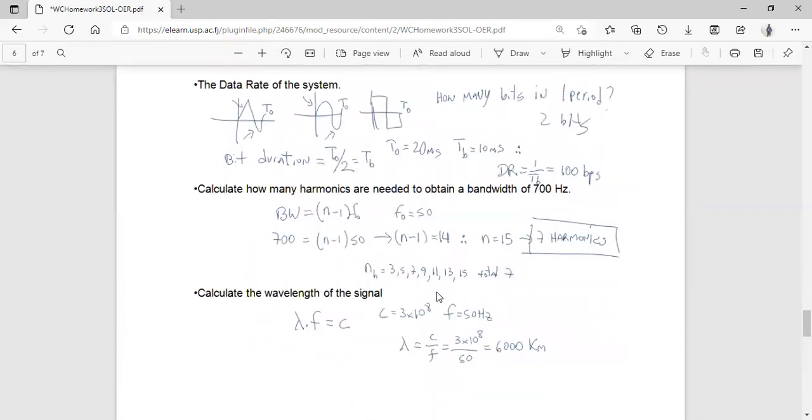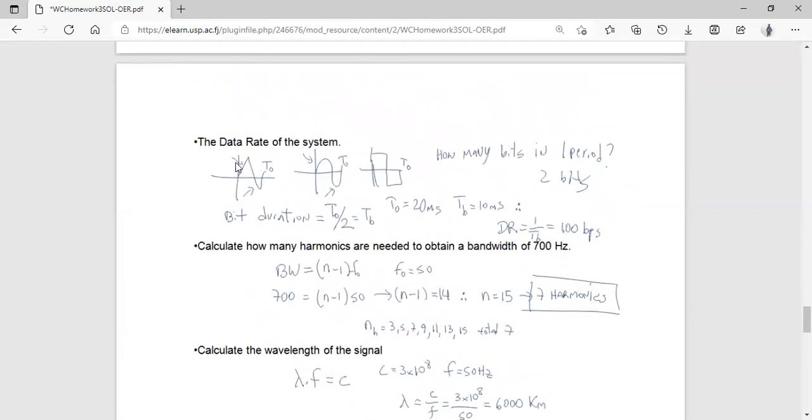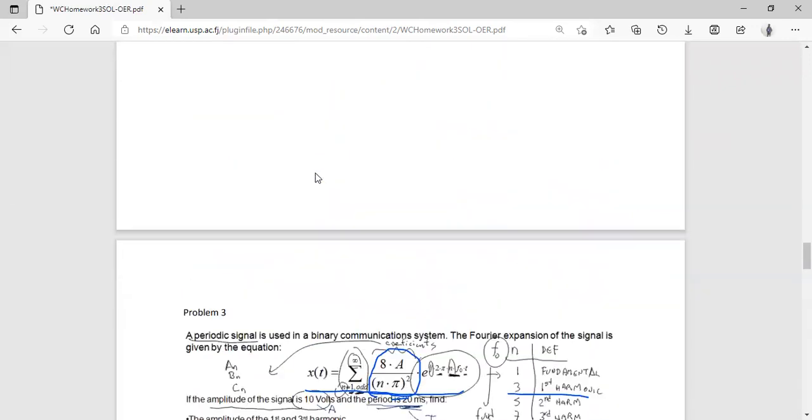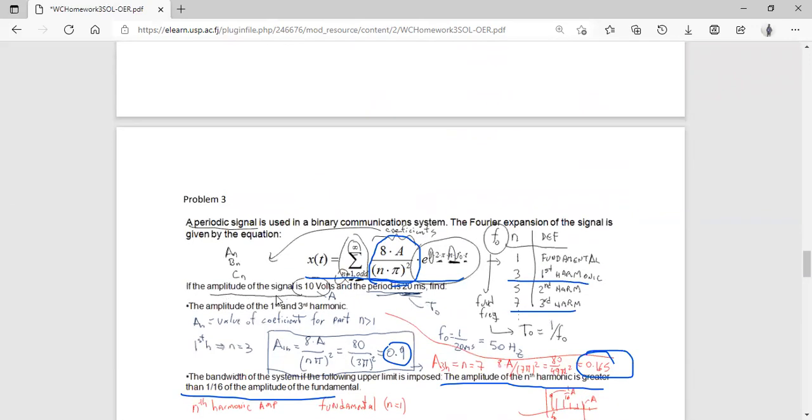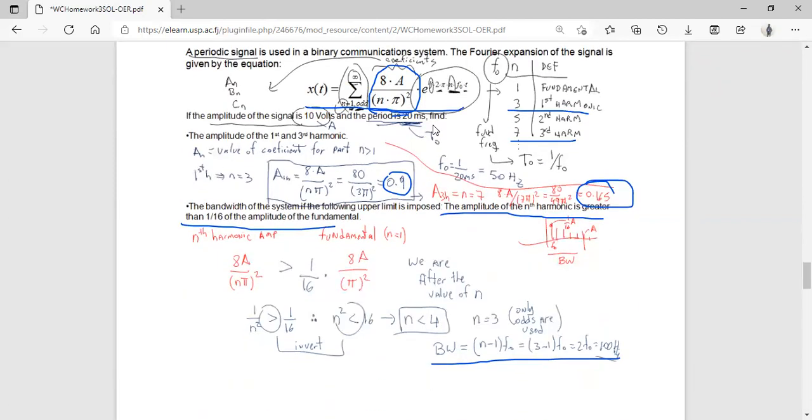Now moving on to the third part of this question, the data rate of the system. If we go back to the question, the statement says the period is 20 milliseconds. So in a period, what happens? We have a whole complete cycle.